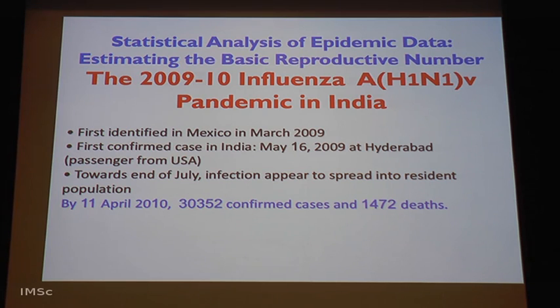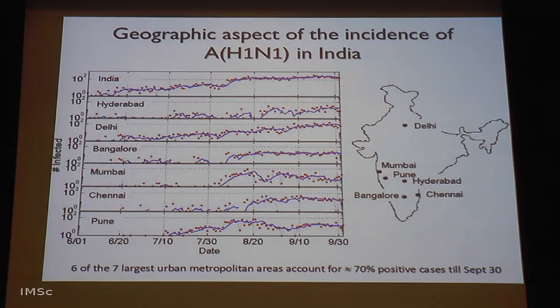By 11 April 2010, there were 30,352 confirmed cases and 1,472 deaths. These are the geographical aspects of the incidence of H1N1 in India. Here you can see, on a logarithmic scale on the y-axis, different cities.